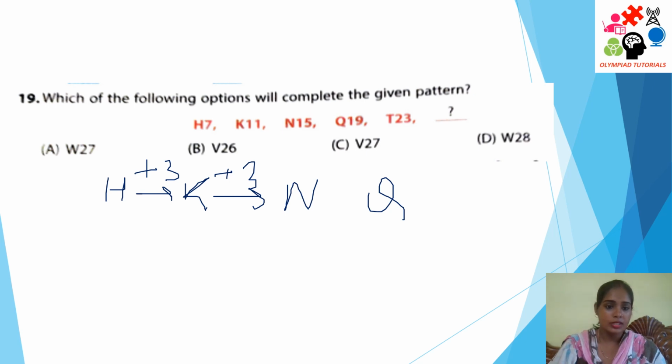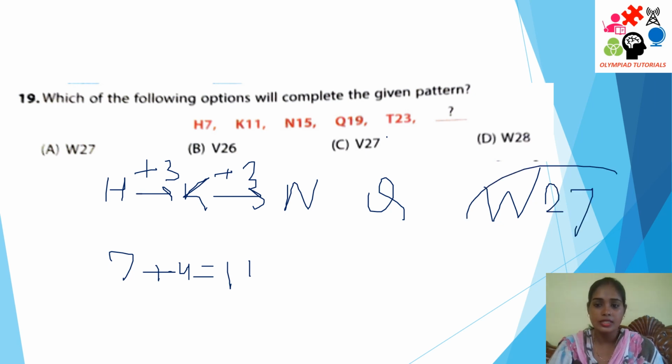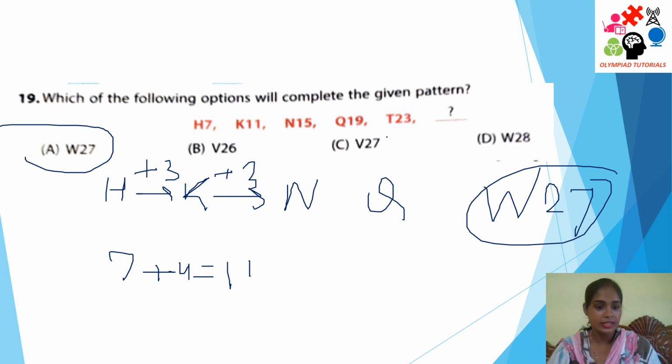For the number series you have 7 plus 4 gives you 11, 11 plus 4 will give you 15, 15 plus 4 will give you 19. Similarly, your final answer is going to be, here you have T23. So T plus 3 is W and 23 plus 4 is 27. So your answer is going to be option number A, W27.